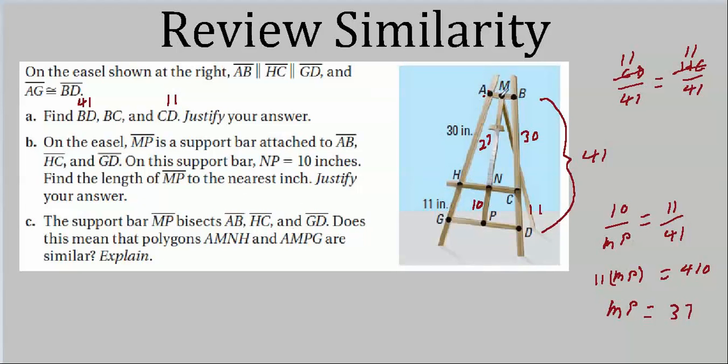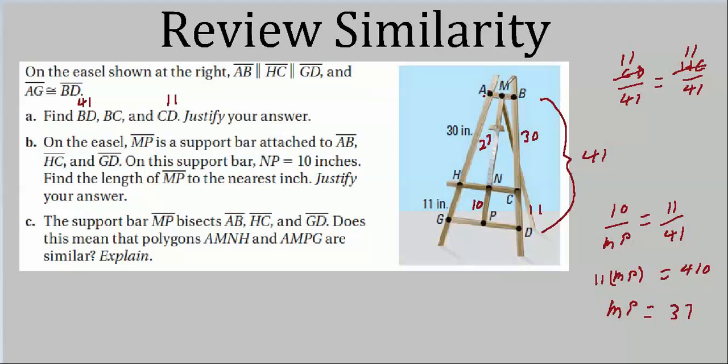AM, this side here, is shared by both polygons. And that makes it, in this case at least, the corresponding part of both polygons. So the ratio of this section on one polygon to this section on the other polygon is 1. It's just AM over AM.